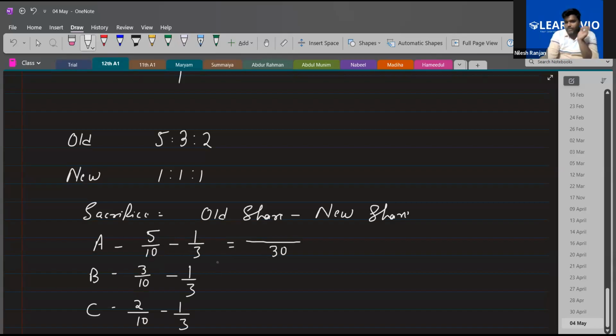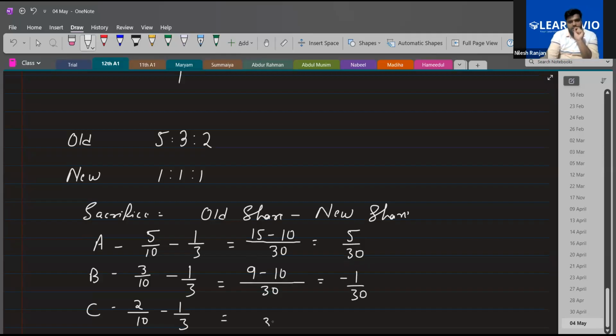Any doubt in the LCM part? So for A, 15 minus 10, it is 5/30. For B, 9 minus 10, it is minus 1/30.